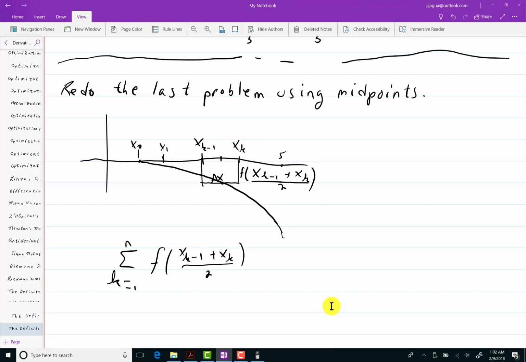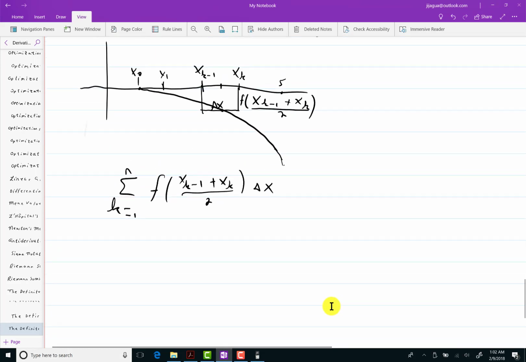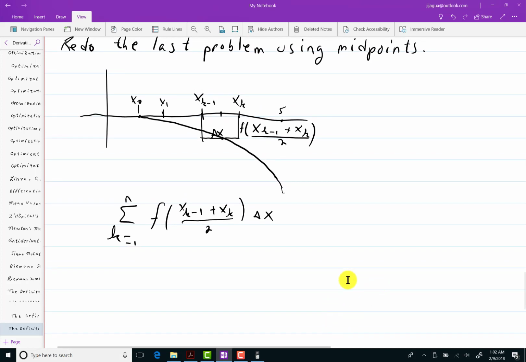Now I've thought about the way of presenting this, and I think it might be easier to get these formulas, of course. What is x sub k minus 1? Well, what's x sub k? x sub k equals 1 plus delta x times k.